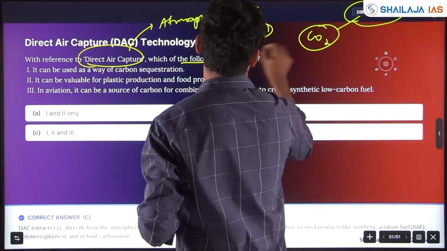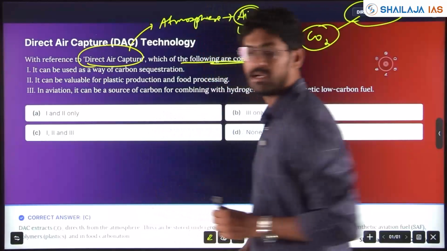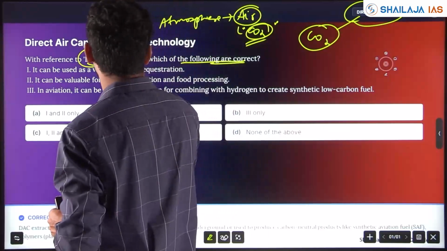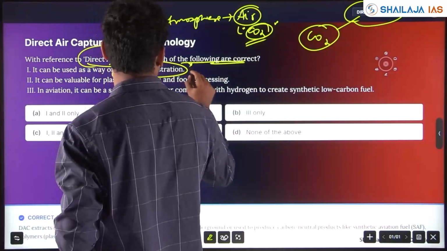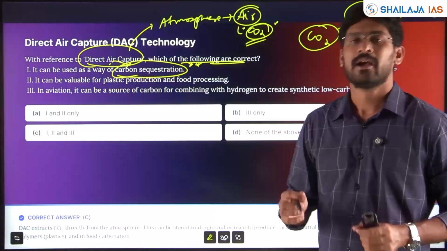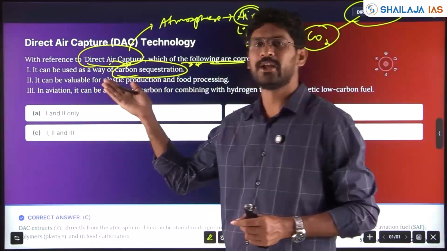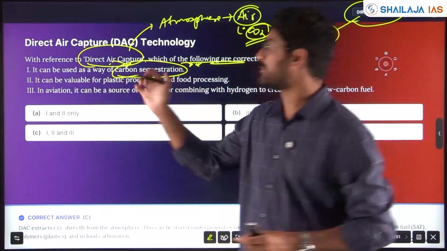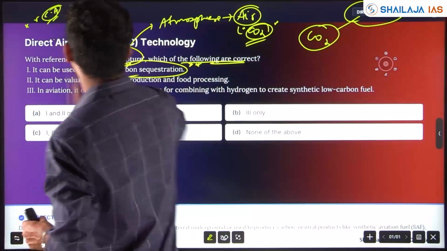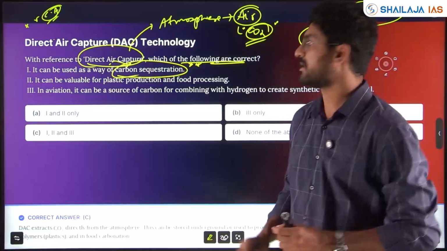Mainly CO2. Right? Mainly carbon dioxide. It can be used as a way of carbon sequestration. Yes, directly from atmosphere. Based on Supreme Court guidelines, IIT Delhi or Bombay did this direct air capture technology. It was in the news, current affairs. It can be used as a way of carbon sequestration.